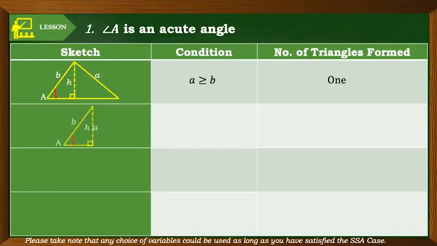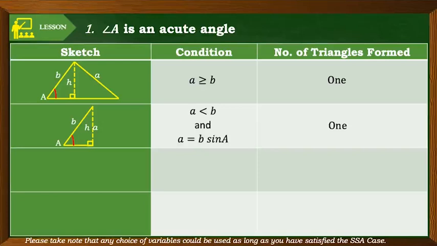Second, if angle A is an acute angle and its opposite side a is less than an adjacent side b, and when you check that a is equal to b times sin A, then there is only one triangle formed.